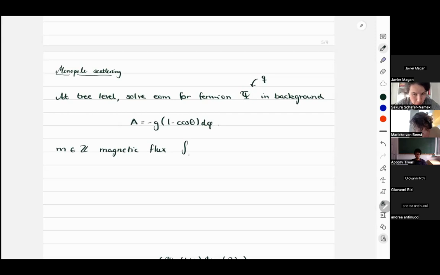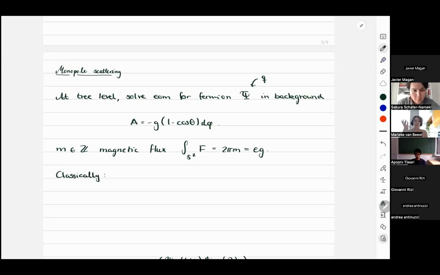That means if I integrate the field strength over a sphere, I'm going to get 2 pi m, which is equal to eg, where e is the electromagnetic coupling and g is, in this case, the monopole charge. Okay, so classically, what is the physics?